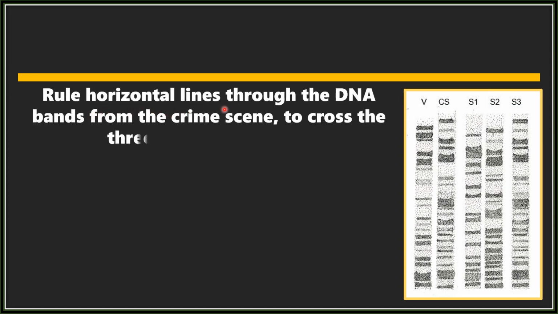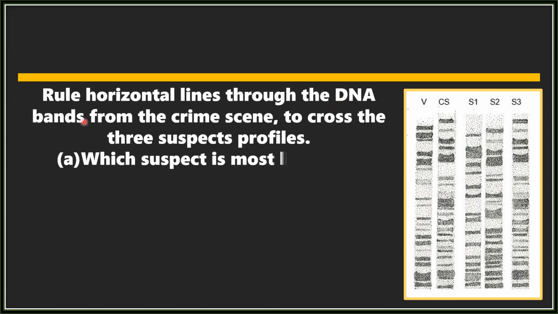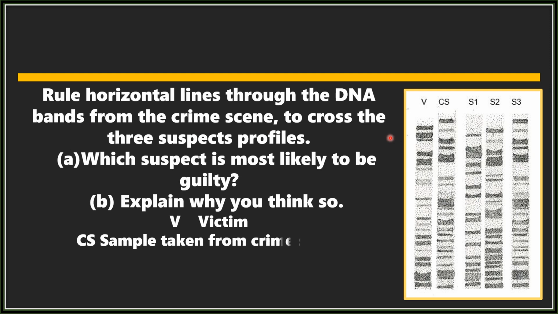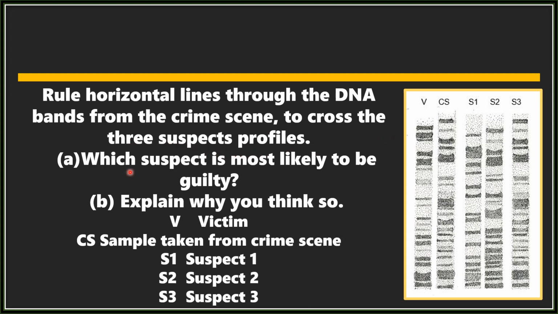Rule horizontal lines through the DNA bands from the crime scene to cross the 3 suspect profiles. A. Which suspect is most likely to be guilty? B. Explain why you think so. Given that our DNA bands are here, V is the profile of the victim.